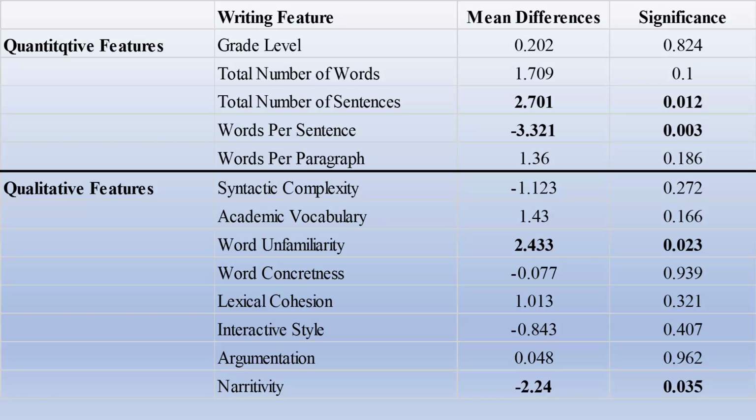Additionally, degree of narrativity was lower for higher scoring essays. Narrativity is basically a casual conversational style of writing. So at the essay level and at the word level, we are finding differences in the features of these two different groups of essays.